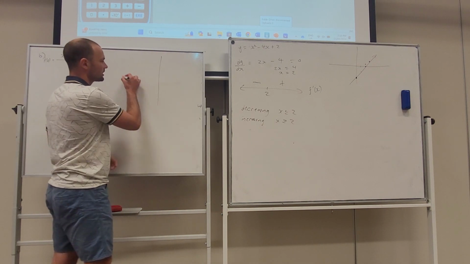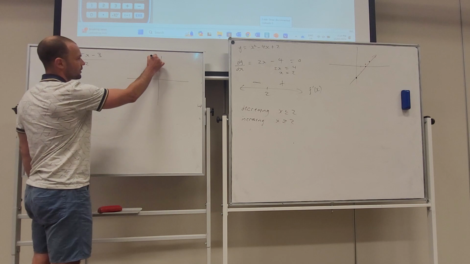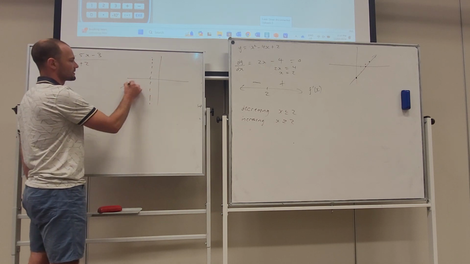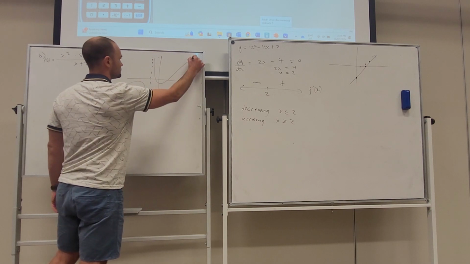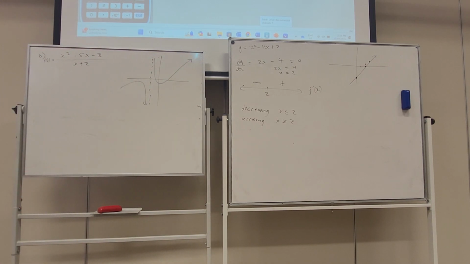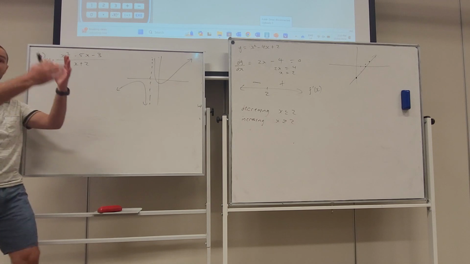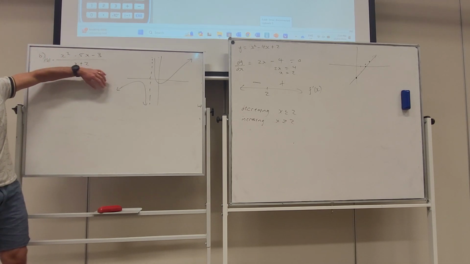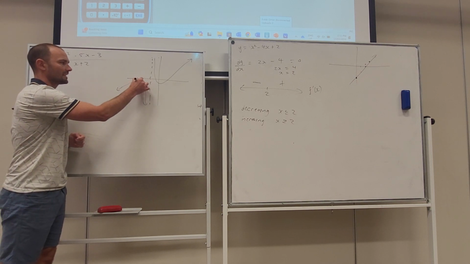And I'm going to sketch it here just so that I can point to it. So we've got an asymptote here, and it's going like this, and it's going like this. Okay, so if we're talking about when it's increasing, when it's decreasing, we always start from the left, and we can see we're going to be increasing until we get to this point here.